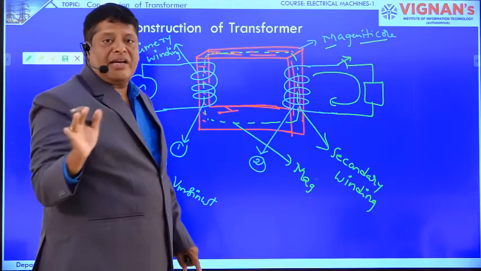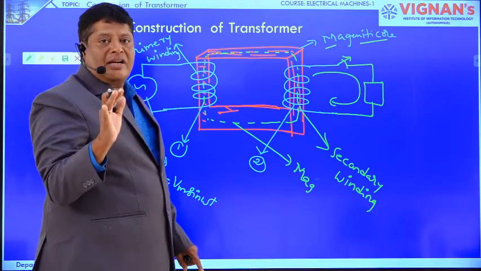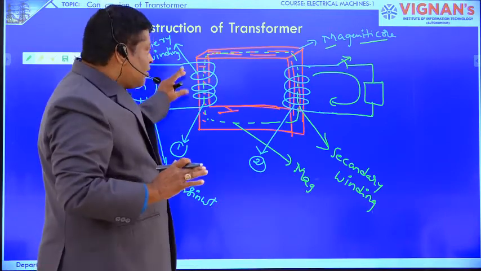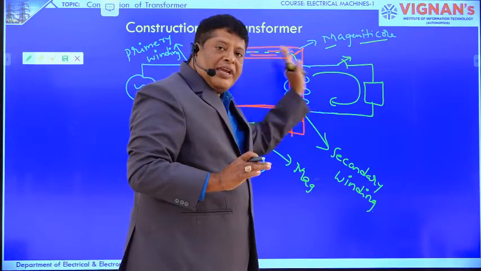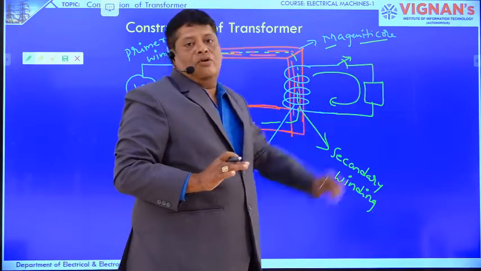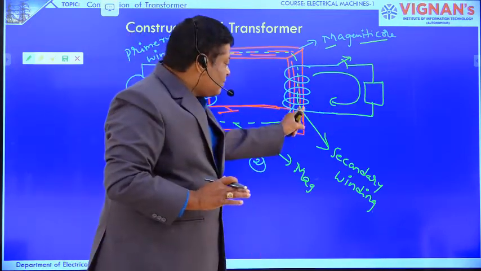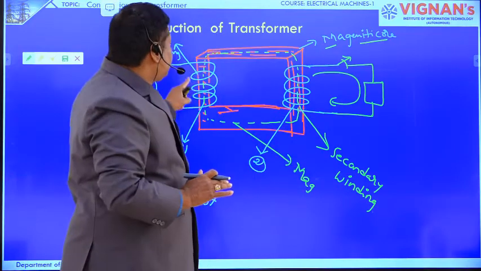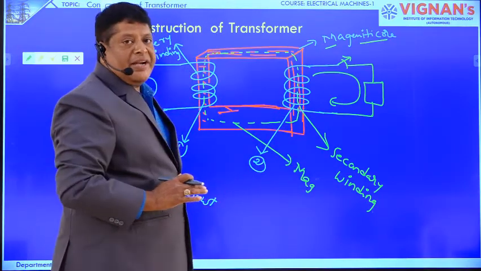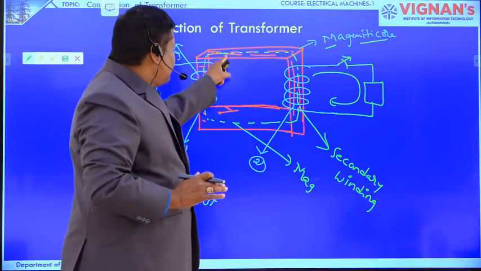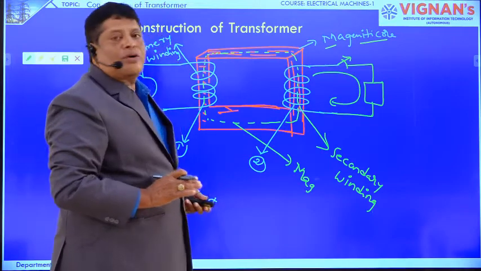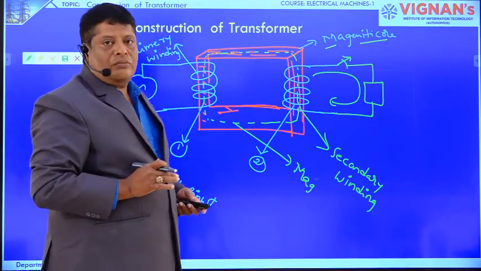But there is no electrical connection. Here we are giving power, and from the other circuit we are taking power and giving it to the load. This winding is the secondary winding, whereas this winding is the primary winding. See here, this is the magnetic core.